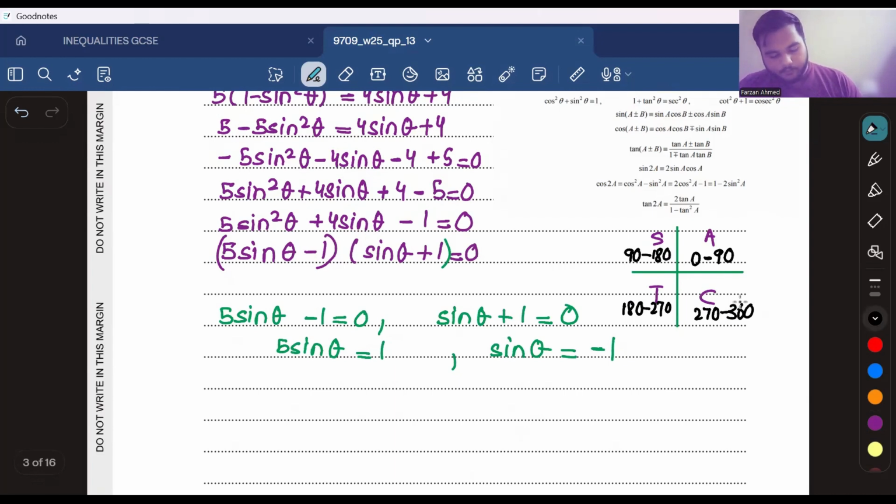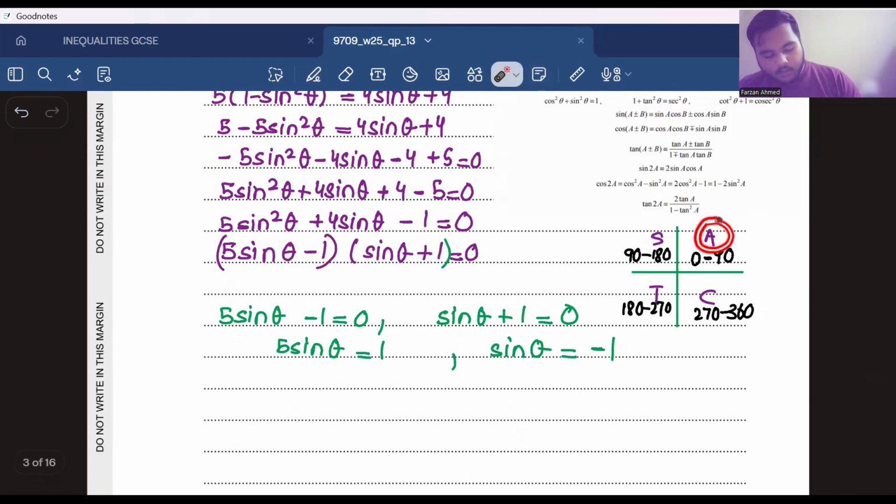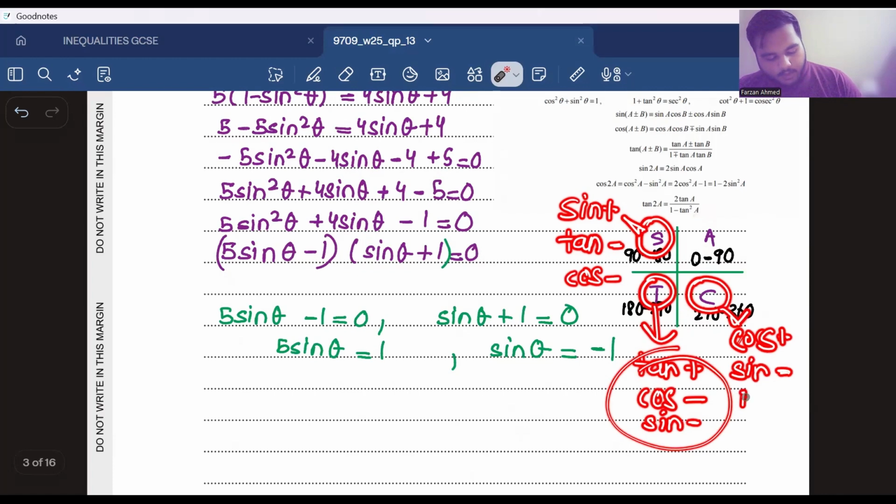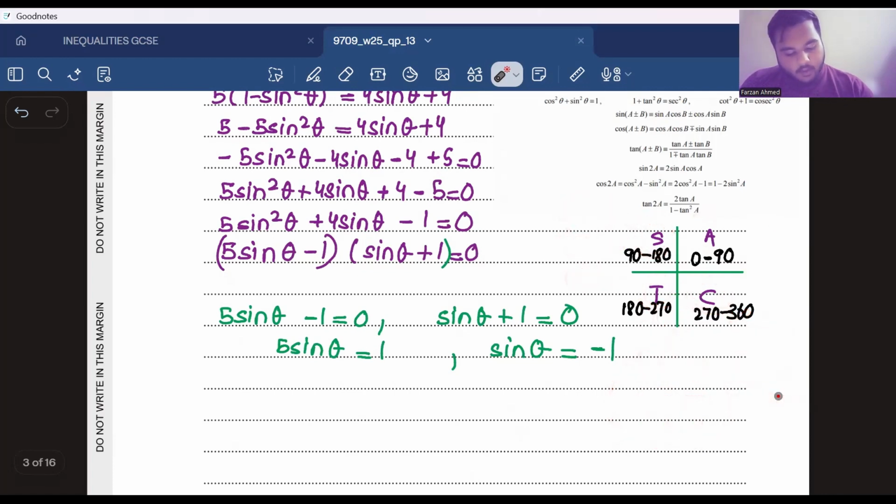In the A part, sine, tangent and cos are all positive. In the S part, sine is positive, tangent is negative and cos is also negative. In the tangent part, tangent is positive, cos is negative, sine is negative. And in the cos part, cos is positive, sine is negative, and tangent is negative. So we will check in this part.